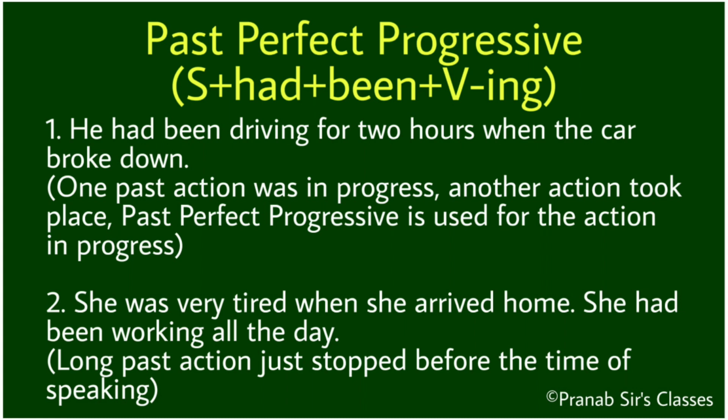When there is one past action that was in progress and another action took place, the car broke down, it immediately happened, and at that time there was an action that was in progress for a long period of time. For that action, we use the past perfect progressive.